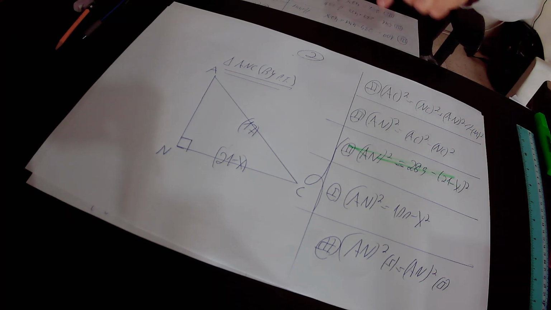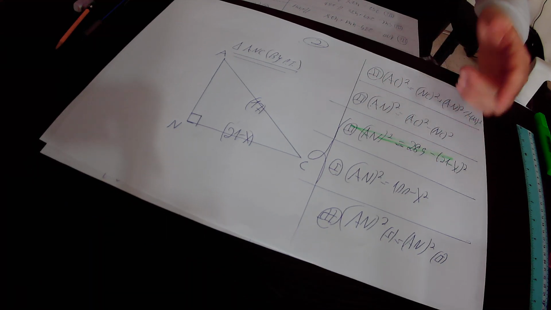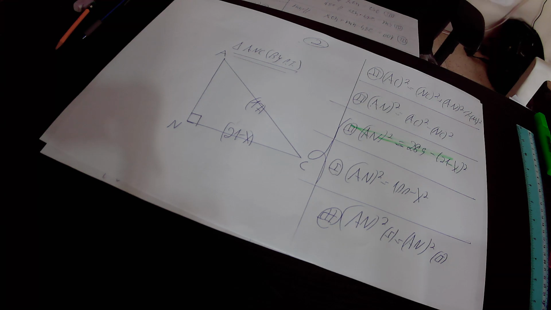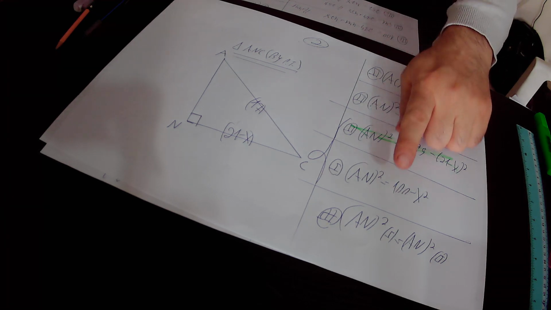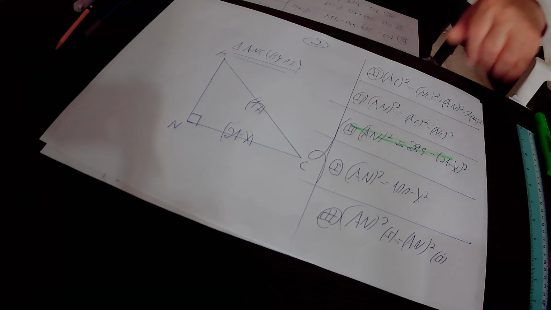According to equation 1, we have already found that AN squared equals 100 minus x squared. So we have two different equations for the value of AN squared. Therefore, we get equation 3, which states that AN squared according to equation 1 must be equal to AN squared according to equation 2.